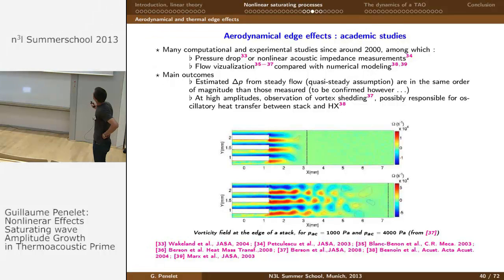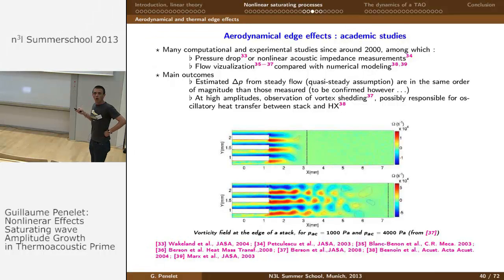These are PIV measurements of the vorticity field, and we can see here clearly some vortex shedding. The presence of this vortex shedding may be responsible for an oscillatory heat transfer between the heat exchanger and the stack. It's not very clear, but we assume that this might play an important role in the heat exchange between the stack and the heat exchangers.